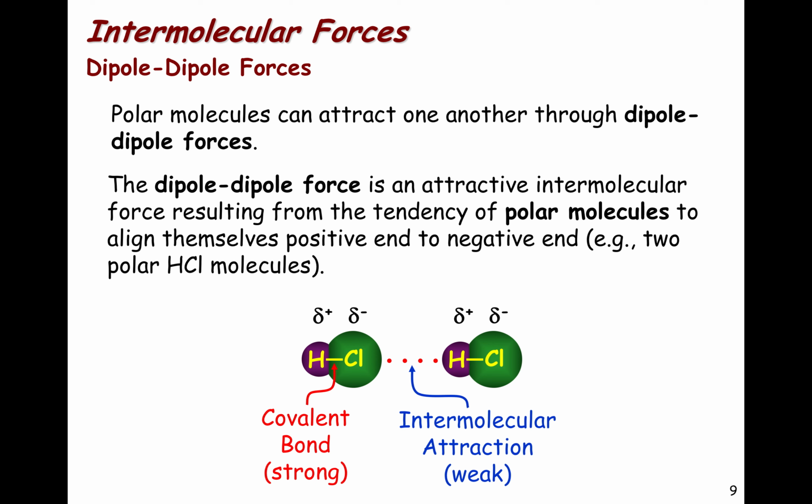So in this diagram that you see here, the intramolecular polar covalent bond is very strong, as you see pointed out by the red, whereas the intermolecular attraction is represented by the red dots between the hydrogen and the chlorine of two different molecules.